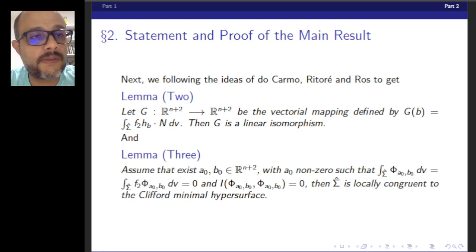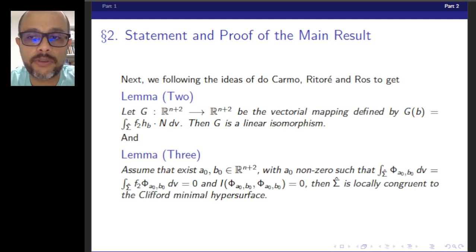Assume that there exist two vectors in R^(n+2), with a_0 non-zero, in such a way that the mean of the map phi_{a_0,b_0} is equal to 0, phi_{a_0,b_0} is perpendicular to f_2 in the L2 inner product, and also the quadratic form I applied to phi_{a_0,b_0} is equal to 0.